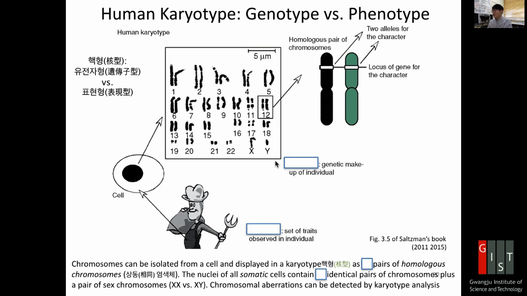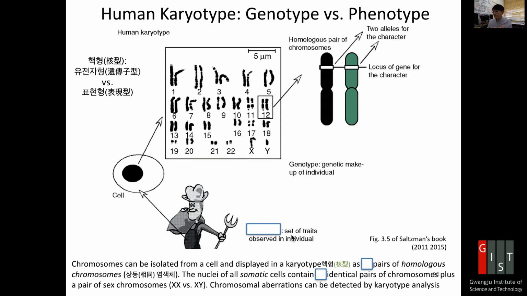And then you can find pairs of these chromosomes. One is typically from the father, the other from the mother. This is 23 pairs totally. And this genetic makeup of an individual we call genotype.